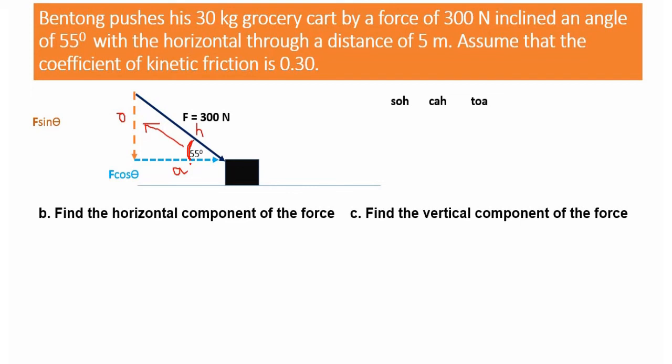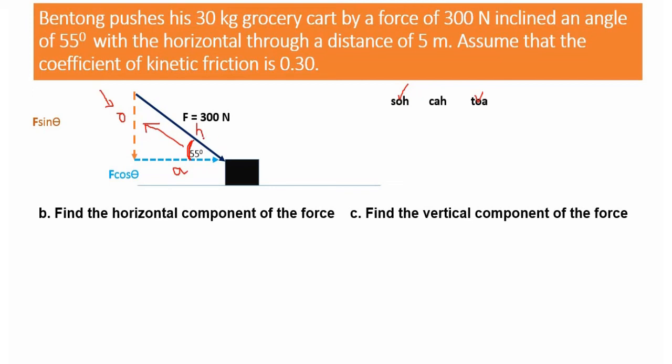Okay, so if you want to know the value of this one, the opposite, you just refer to this mnemonic, SOH CAH TOA, okay? And then you look for O, so this one has O. And you look for the side that has a value.